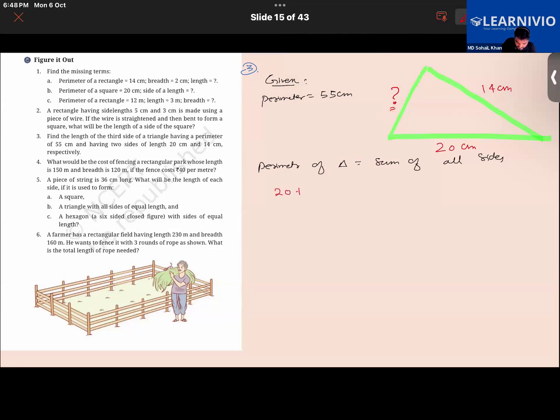So it is 20 plus 14 plus this question mark, which as given here is equal to 55. 20 plus 14 is 34, plus question mark equals 55. Won't you be able to find it now? 55 minus 34, and hence that is equal to 21 centimeter.